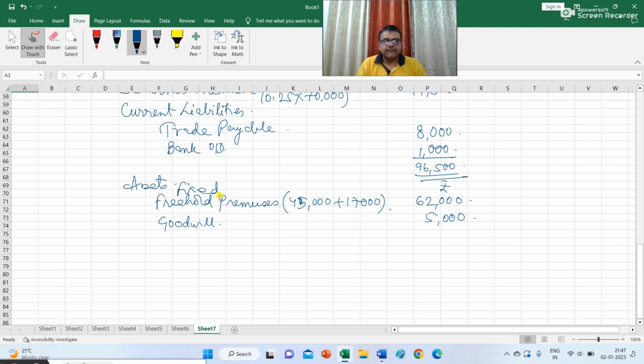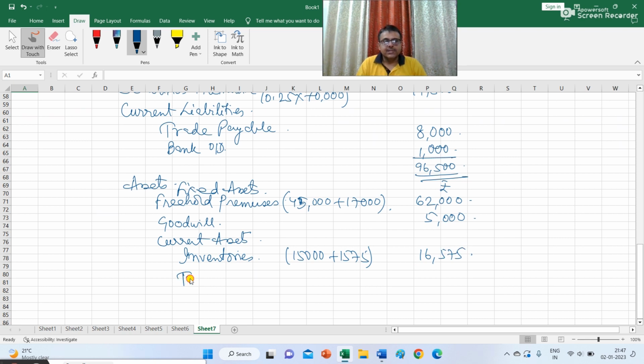I can write here fixed assets. Under assets, we have the fixed assets, freehold premises and goodwill. And then I will write the current assets. Under current assets, we have inventories. So inventories of X and Y have been taken at 15,000 plus 1,575. So this is 16,575.